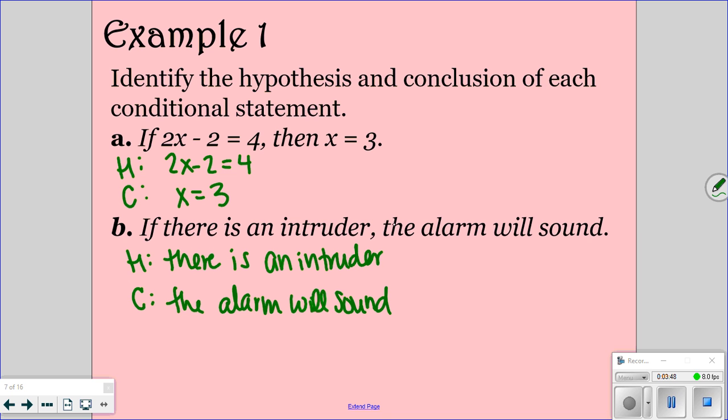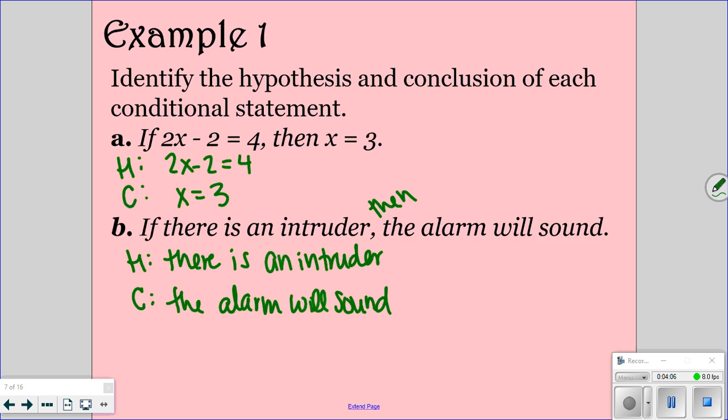They actually omitted the then here, which is okay. If there's an intruder, the alarm will sound. You don't need the then. So the alarm will sound would be your conclusion. That is how you identify your hypothesis and your conclusion.